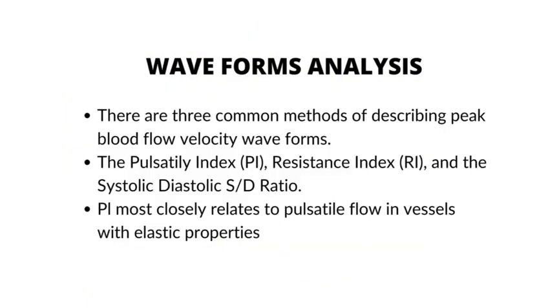Waveform analysis. There are 3 common methods of describing peak blood flow velocity waveforms. Number 1, the pulsatility index. Number 2, the resistance index. And number 3, the systolic diastolic ratio. Pulsatility index, or PI, most closely relates to the pulsatile flow in vessels with elastic properties.